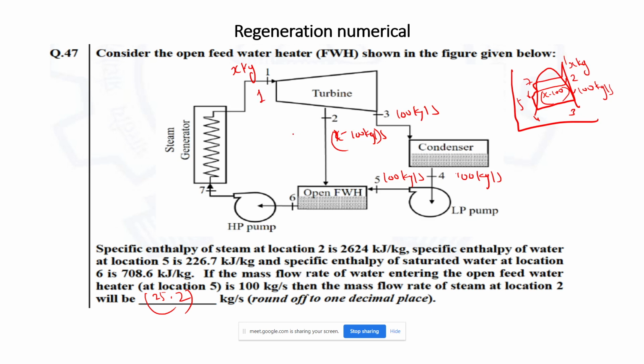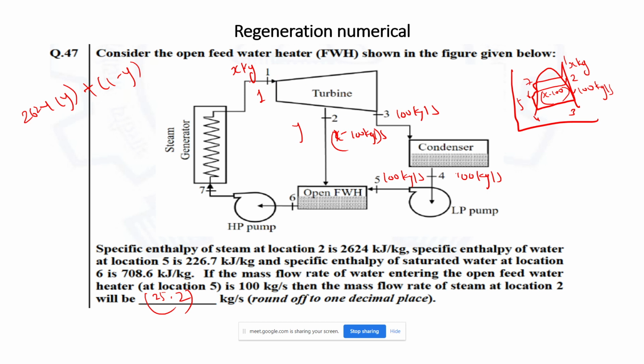Suppose it is 1, y, 1 minus y. So 2624 into y plus 1 minus y into, because I have also not calculated. Sir, instead of using 1 minus y, I directly use 100 on one side and x on another side. Yeah, that also you can do. But you can use x, but at point 1 we don't know the condition.